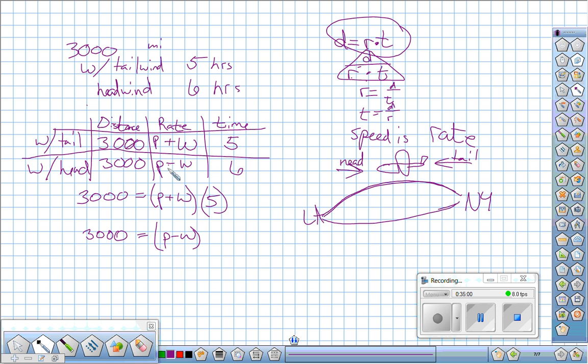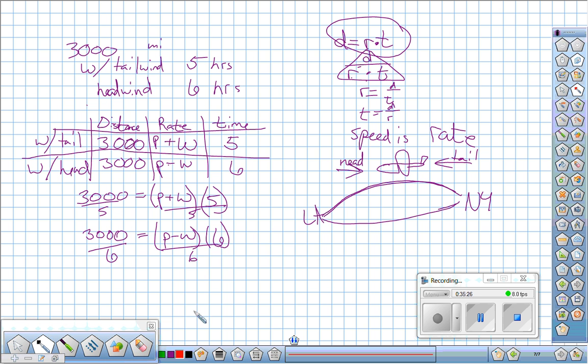Anytime I have a plus or a minus inside of my column, make sure that you put parentheses around them. I could distribute that 5, but since it's already out by itself, what we're going to do is actually divide. We will divide by 5, and here we'll divide by 6.